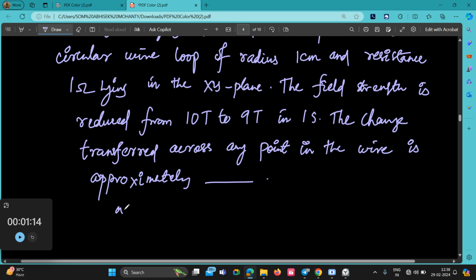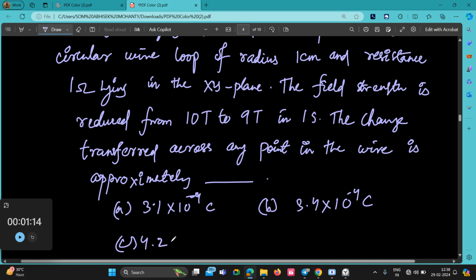Options are: Option A, 3.1 into 10 to the minus 4 coulomb. Option B, 3.4 into 10 to the minus 4 coulomb. Option C, 4.2 into 10 to the minus 4 coulomb. Option D, 5.2 into 10 to the minus 4 coulomb. Okay, please try this question.